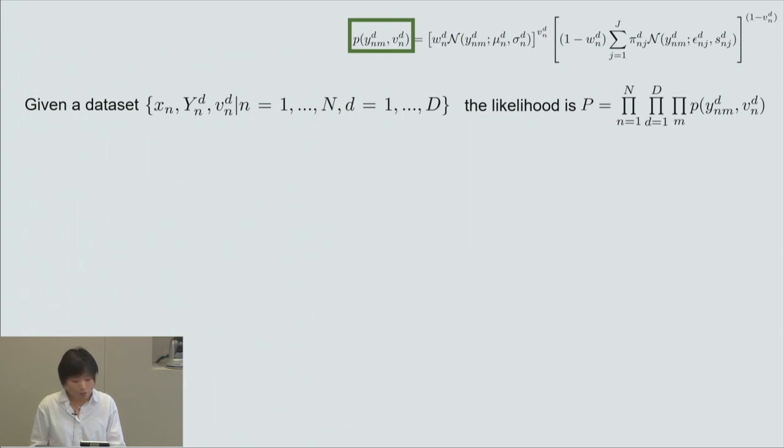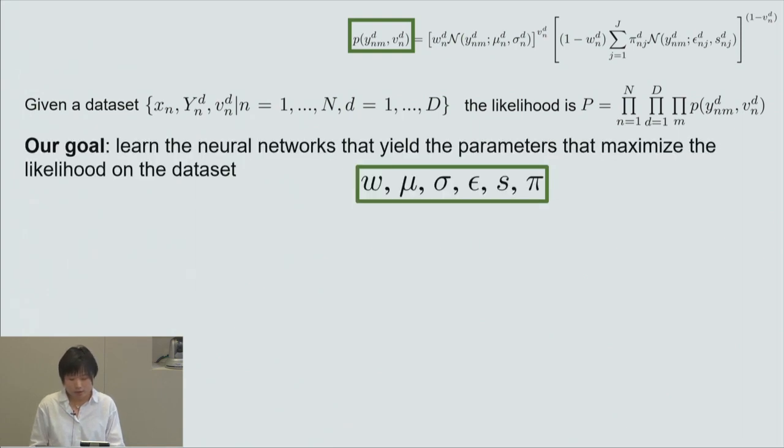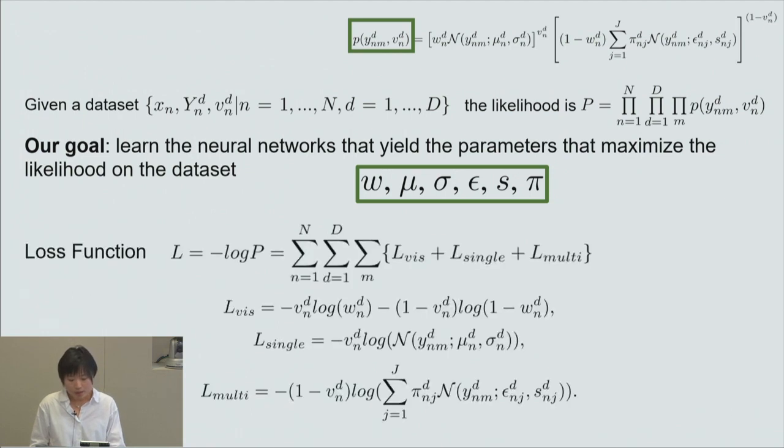So our goal is to learn the neural network that yields parameters which maximize the likelihood. And we use the negative log likelihood as the loss function. This loss function consists of three terms. The first term is about the visibility, the second term is for the visible joints, and the last one is for the joints under occlusion.